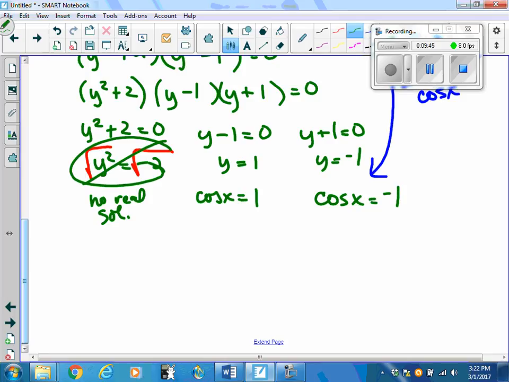So I get on my unit circle and I look where I have a cosine of 1 and a cosine of negative 1. Both of those are x coordinates. I have a cosine of 1 when x is 0, and I have a cosine of negative 1 when x is pi. So those are my two solutions there.